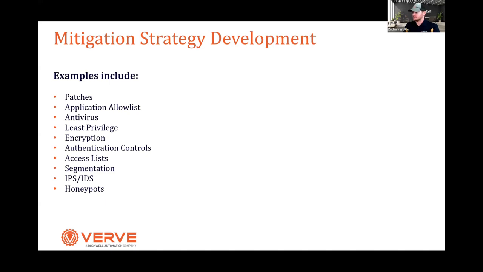We can create honeypots, access lists, authentication controls, encryption. We can implement a least privilege policy to limit the capability of malicious insiders, whether purposefully or accidentally. And you can build a strategy that's going to consistently, hopefully, keep attackers out.